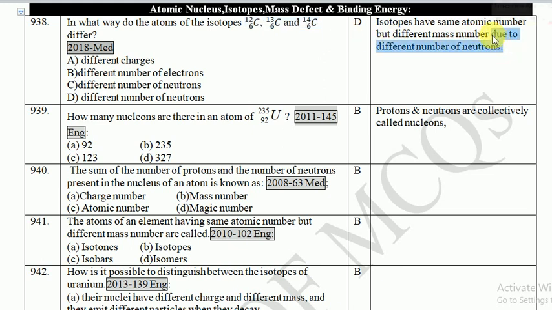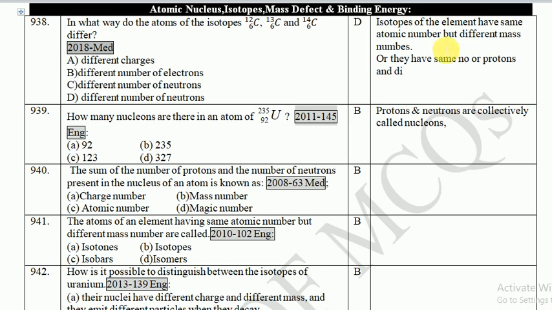So isotopes of an element have the same atomic number but different mass number, or we can say they have the same number of protons and a different number of neutrons. This is the definition of isotopes.